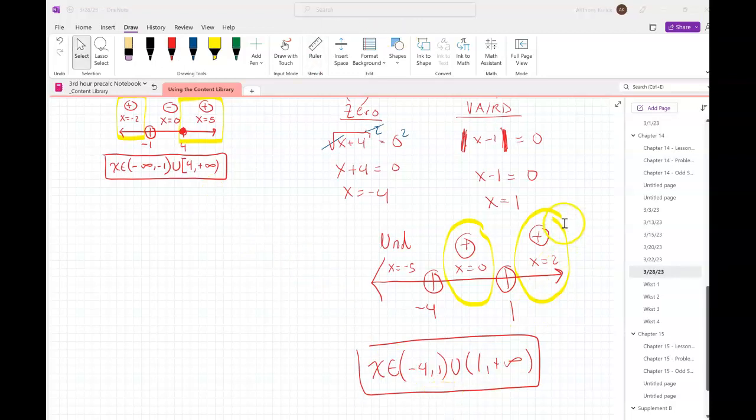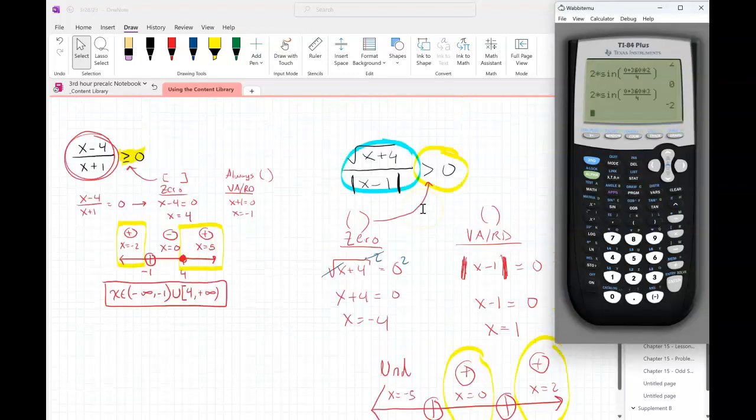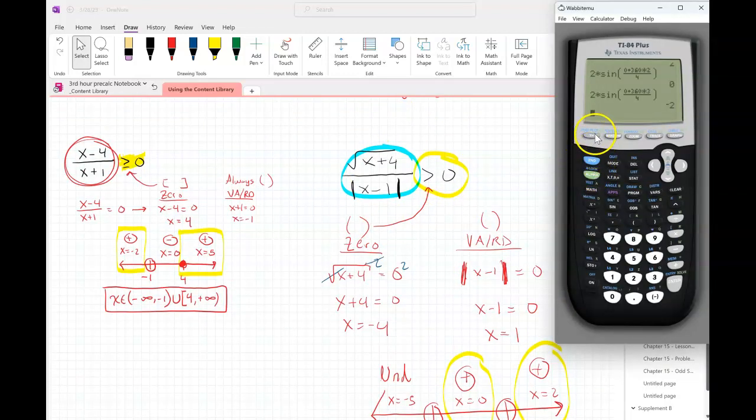The easiest way to do that would be to take our function and put it into the y equals menu. So I type it in just like it looks on my sheet of paper. I use alpha y equals to get the fraction command. To get an absolute value, if you press the math button and go over to the number option, ABS is absolute value.